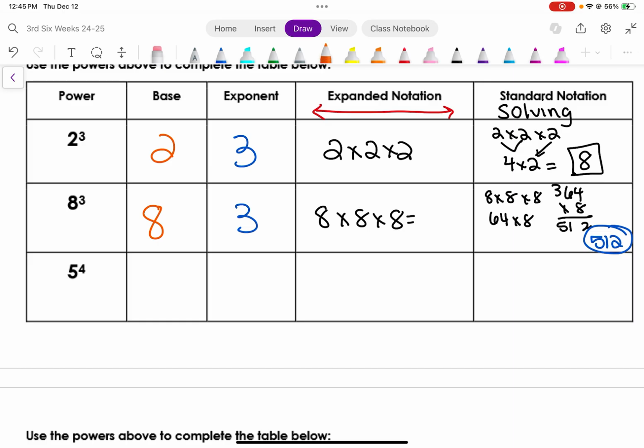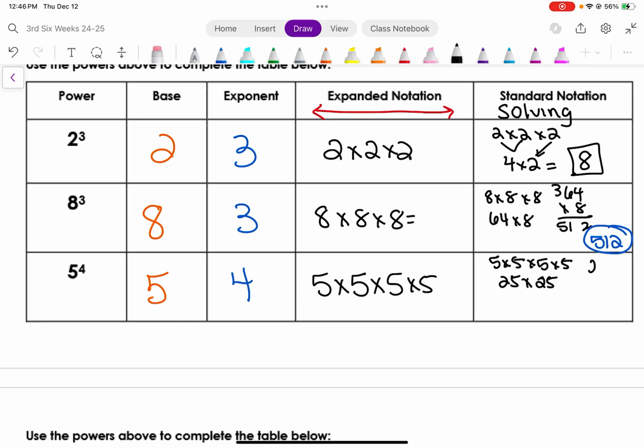Next, my base is a 5. My exponent is a 4. I'm going to take my base and I'm going to multiply it times 5 times 5 times 5 times 5. So that means 5 times 5 is 25. And I'm going to do another 2 5s. I'm going to multiply those two values together.